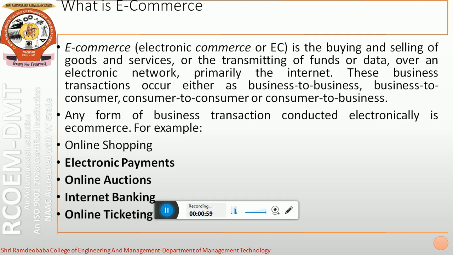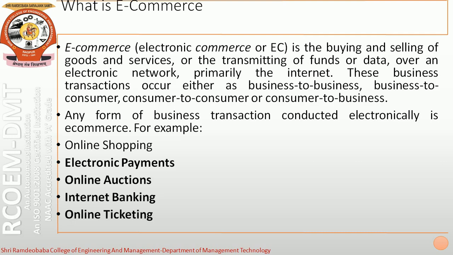So, e-commerce or electronic commerce or EC is the buying and selling of goods and services or transmitting of funds or data over an electronic network, primarily the internet. These business transactions occur either as business to business or business to consumer or consumer to consumer or consumer to business.